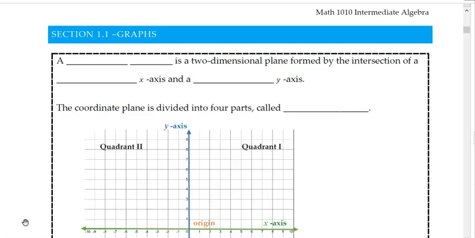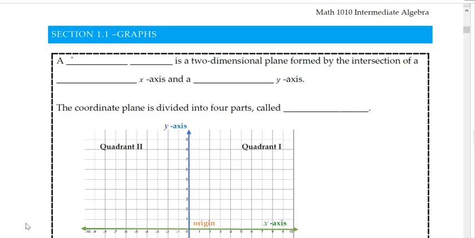Before we get started on graphing things, we need to talk about some definitions. So first thing that we want to talk about here is, it says blank is a two-dimensional plane formed by the intersection of a blank x-axis and a blank y-axis.